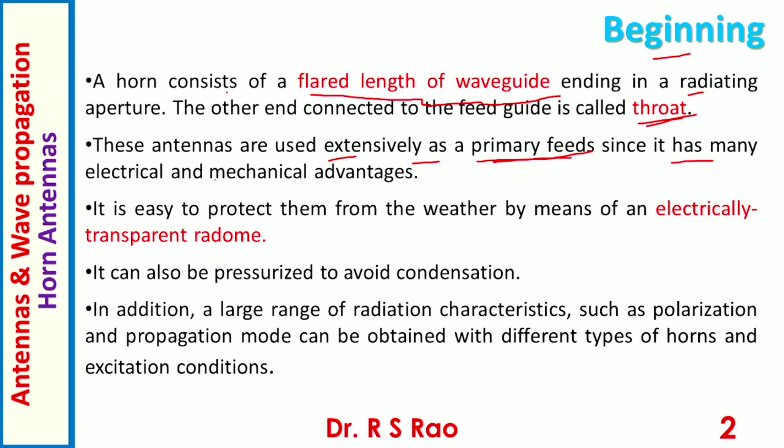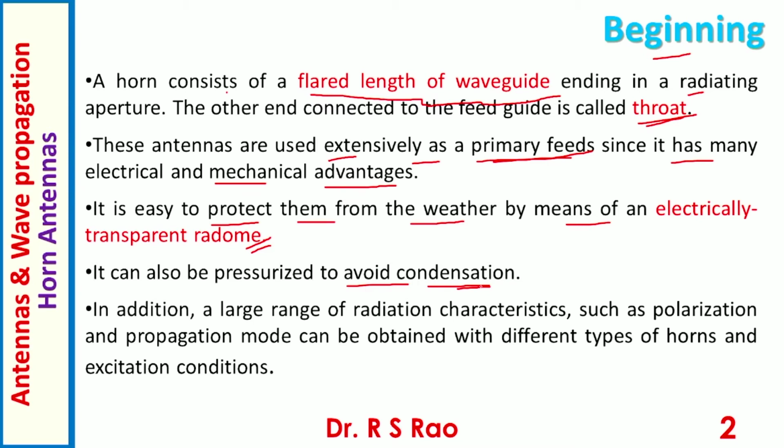Since it has many electrical and mechanical advantages, it is easy to protect them from the weather by means of an electrically transparent radome. It can also be pressurized to avoid condensation. Mounting of antennas is most of the time in the outdoor environment.